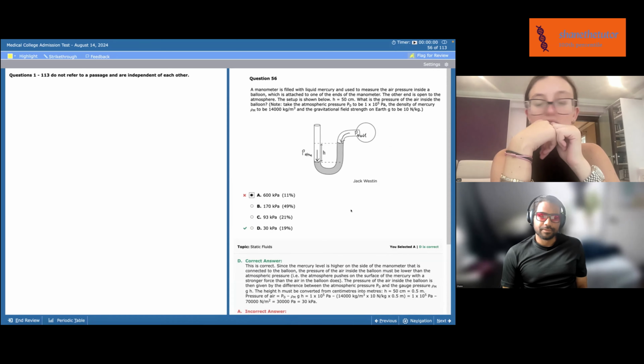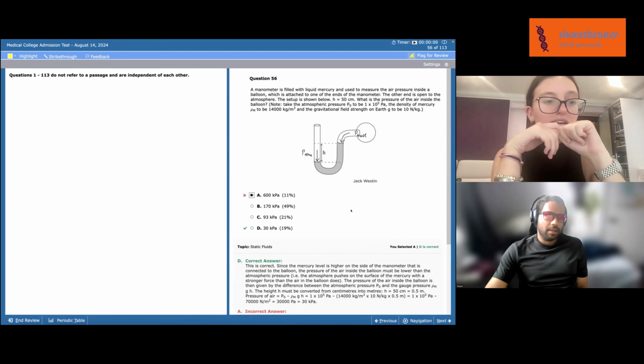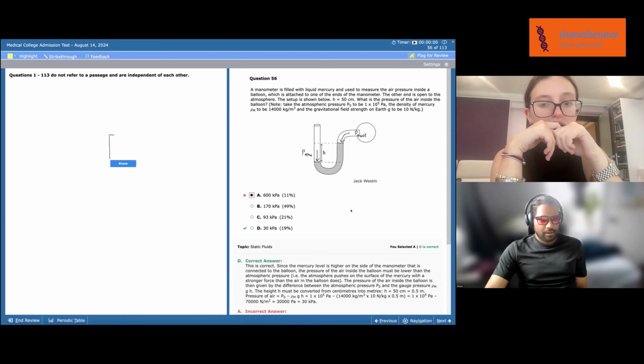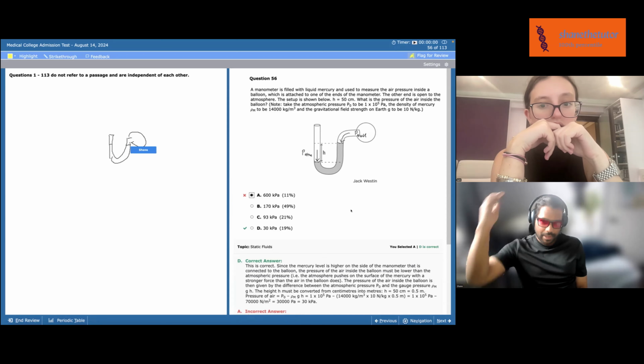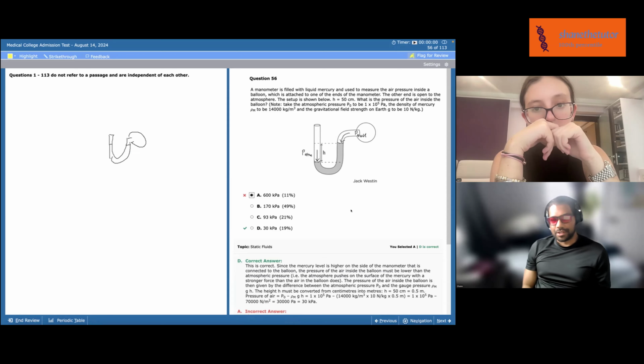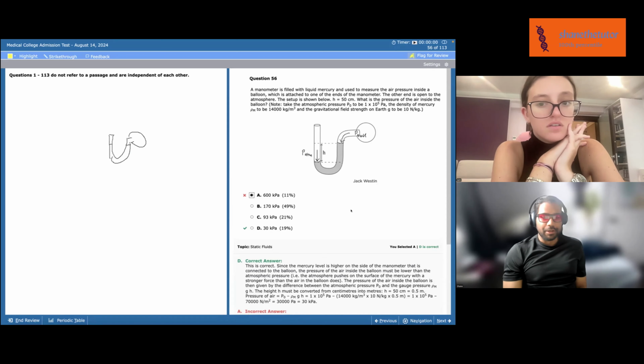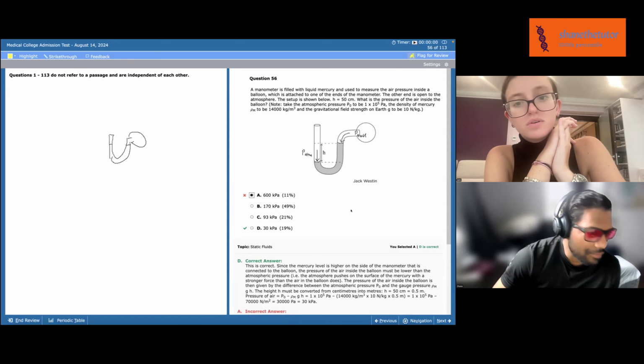Now, let's say that the levels were equal. That would mean that the atmospheric pressure would be equal to the pressure of the balloon, right?